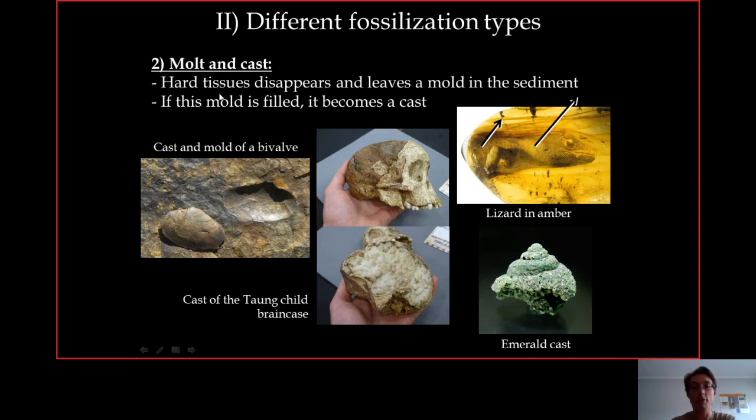The difference with the replacement is that the hard tissue has not been replaced. It has disappeared completely, and then it was filled again with sediment to give the cast. So the hard tissue disappears and gives you the mold, and it's filled again with sediment, which gives you the cast.